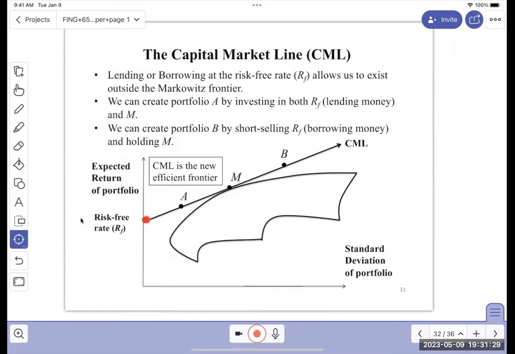So the risk-free rate is lower than the market portfolio. Lower risk assets, as we explained before, have lower returns, so that would be about here. And what we're going to do is imagine all possible combinations between the risk-free rate and the market portfolio.